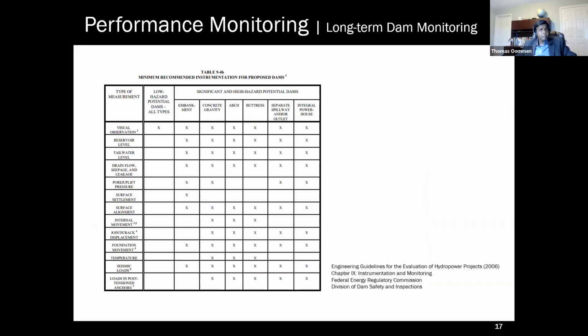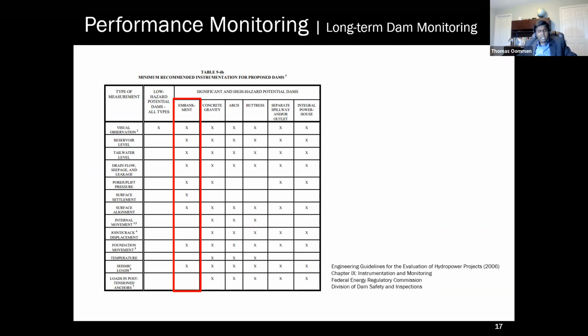Now, this was a pretty significant result for us, to be able to detect these kinds of small movements that are valuable for engineering decision making from InSAR, and we can do this for a large area.